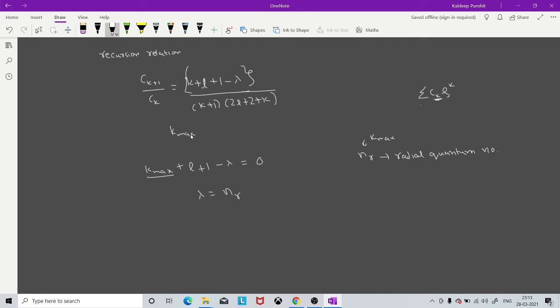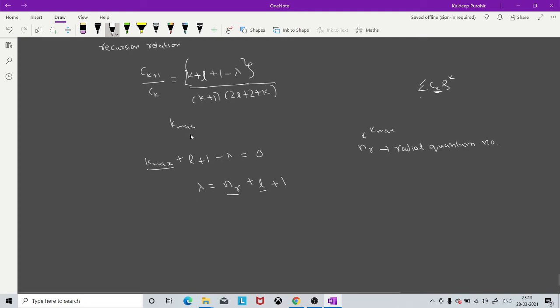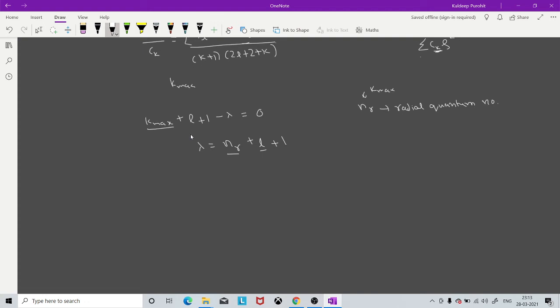So I will write this as nr. This is your L, which is nothing but the orbital quantum number, plus 1. So this is also a quantum number, this is also a quantum number. So this lambda is generally written as n, which is equal to nr plus L plus 1, where this n is known as the principal quantum number.